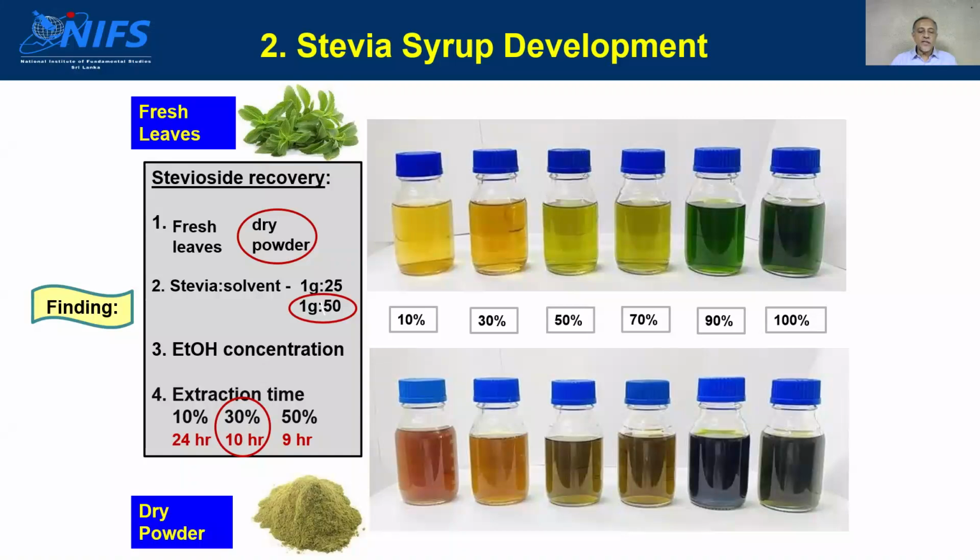So these three levels of solvent mixtures were subjected to extraction for variable time periods: 24 hours, 10 hours, and 9 hours. The different formulation types were cross-checked using sensory evaluation, and we found that the 30% extracting medium solvent mixture for 10 hours was the optimum condition to get the best syrup out of stevia leaf dry powder.